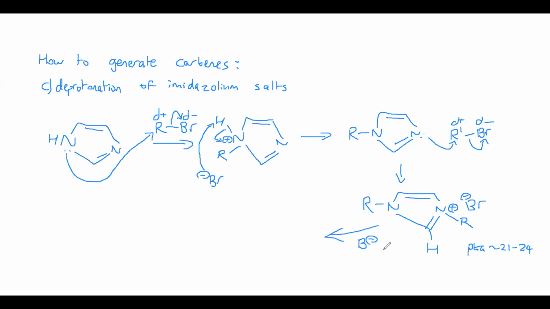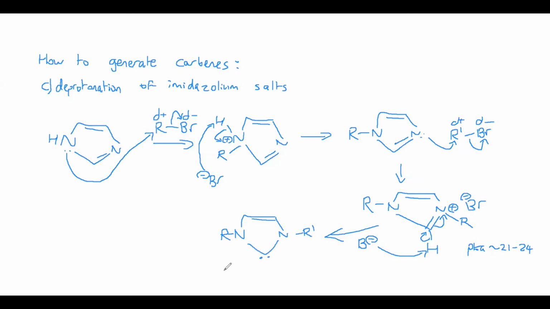So this base will take the proton and give the electrons to the carbon here, and the double bond will then move up onto the nitrogen, neutralizing our ammonium ion. In doing so, we end up with a neutral product where we have our imidazolium salt deprotonated and we have formed a carbene.